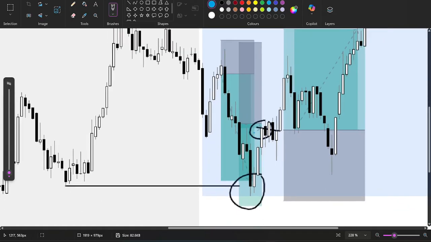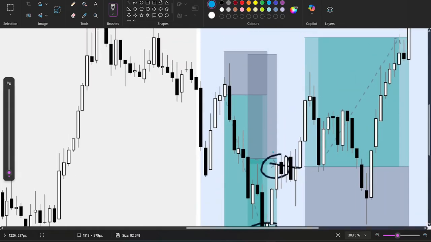So let's remove this. The second position is this. Price comes back up into where the power was, and we're moving down. Notice we have one big black bar, another black bar, and then a balance formation. I'm thinking, okay, we have a push down, we have balance, but you know what?